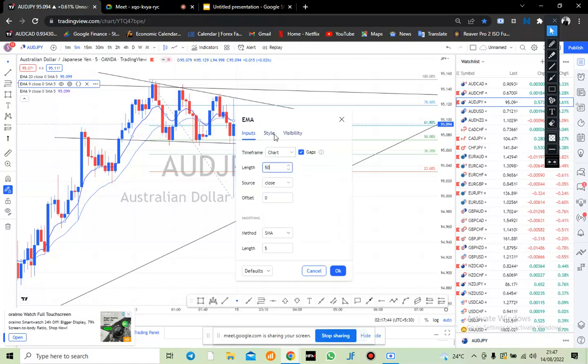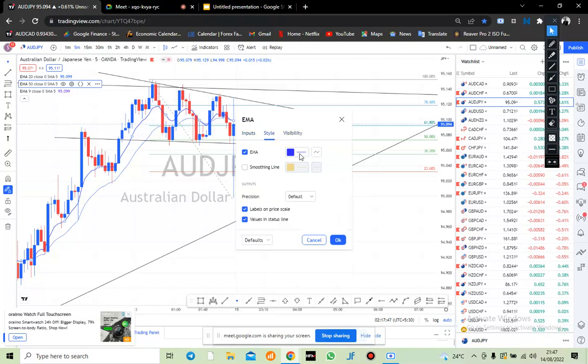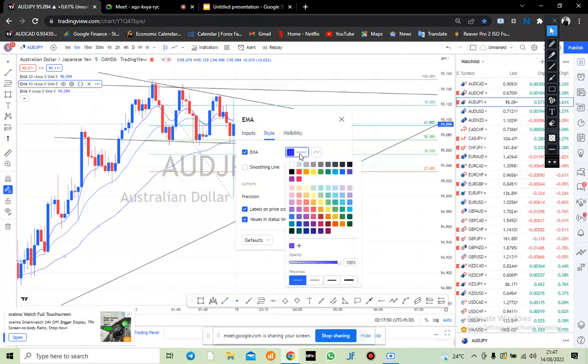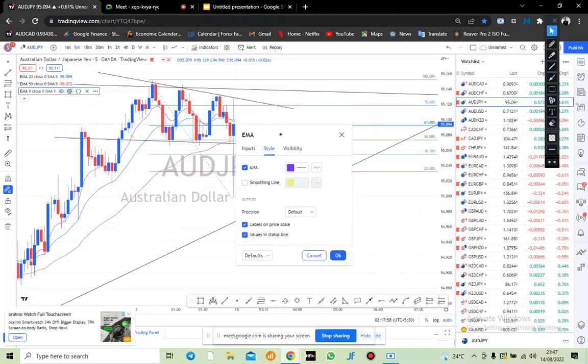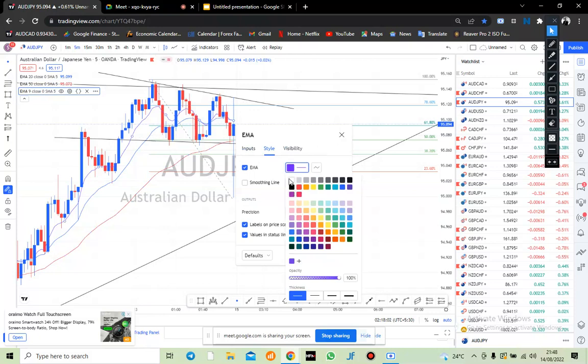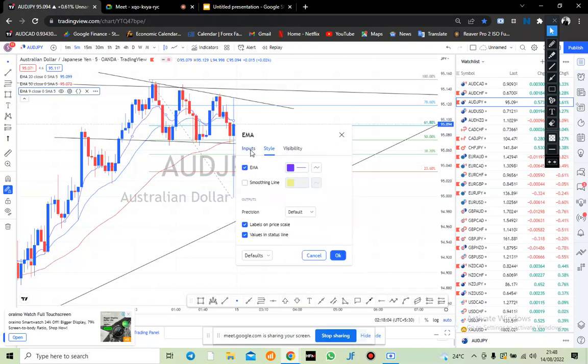Color should be red. Then the third one should be 100 EMA. Then the color should be purple. Yes, I think purple is good.